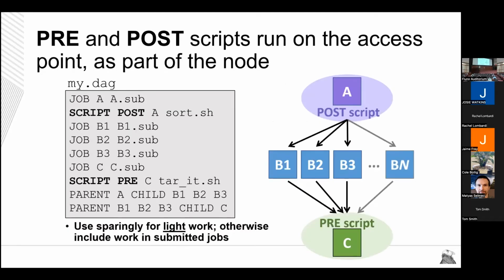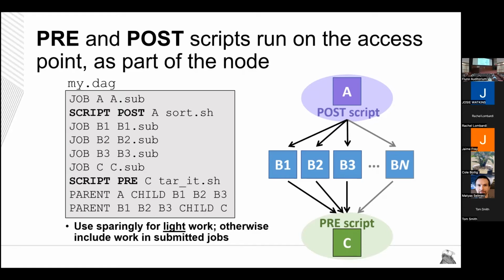Each node also includes the ability to add pre and post scripts. These would be lightweight tasks that we might need to only run on the access point. Basically, we want any heavy work that can run on an execute point to be part of the job. But in some cases, there may be tasks like reorganizing data after one job node before another job node, something like that.